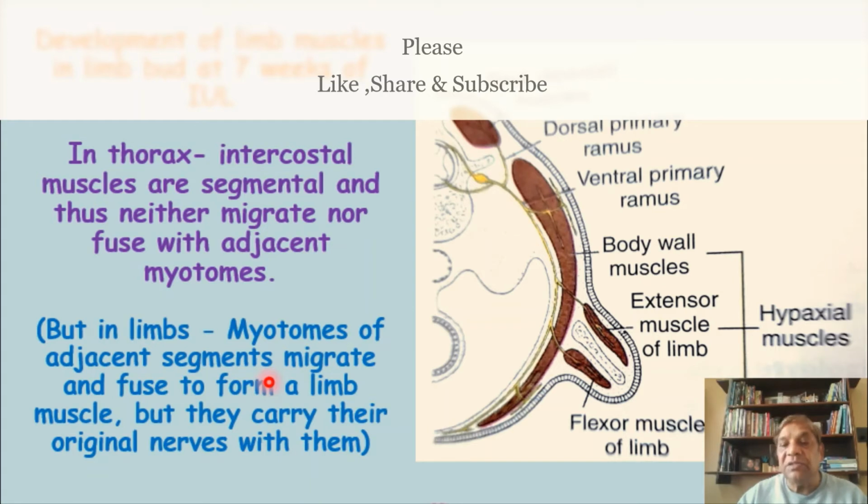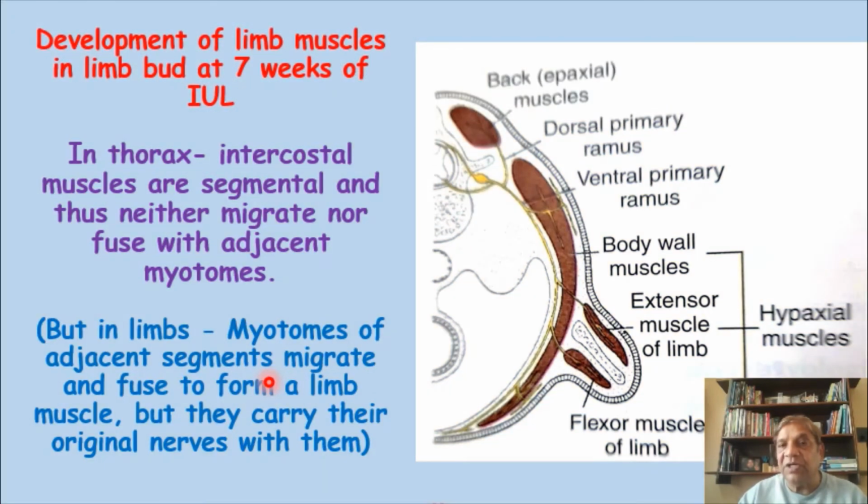And this is an important reason why plexuses are not formed in the dorsal primary rami, because they supply some muscles which are not migrating anywhere. They are present in that particular segment, but the hypaxial or limb musculature from adjacent myotomic segments migrates to form the limb musculature.